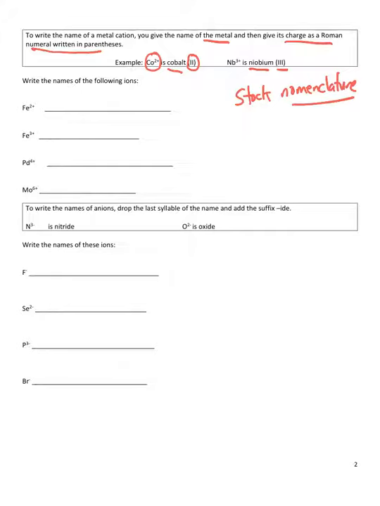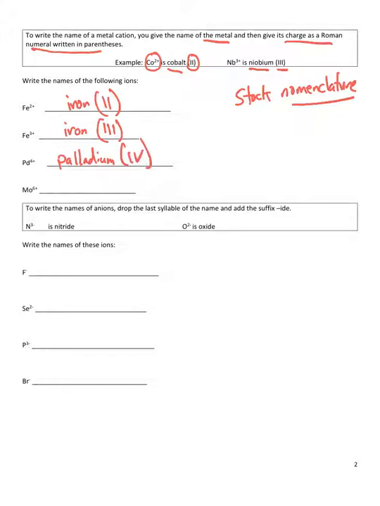So now let's do these examples. Fe is iron. So iron +2 is going to be iron(II). Versus the ion that's Fe3+, which we'll write as iron(III). The 3 being in parentheses, and the 3 is a Roman numeral. Pd is palladium.